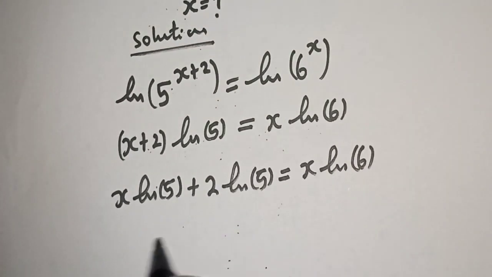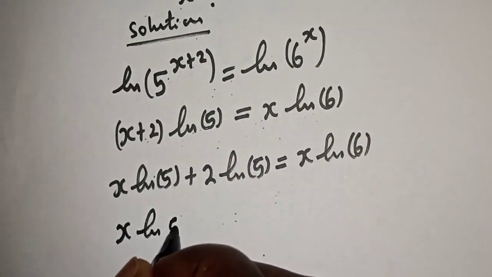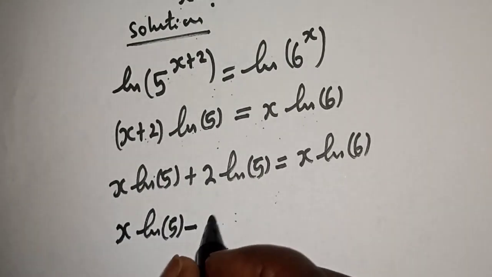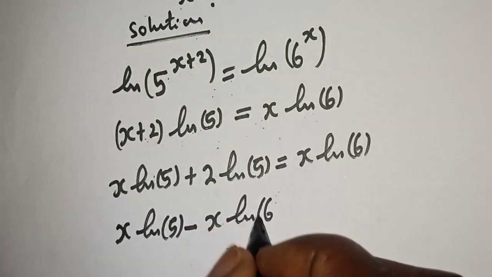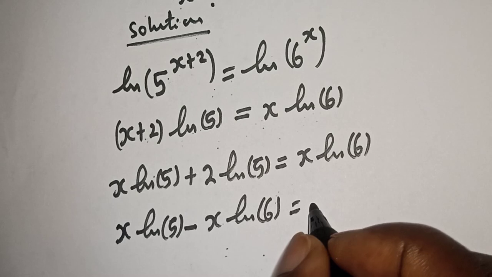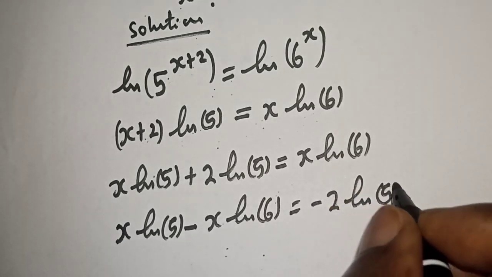Now let's collect like terms. x natural log of 5 minus x natural log 6 is equal to minus 2 natural log of 5.